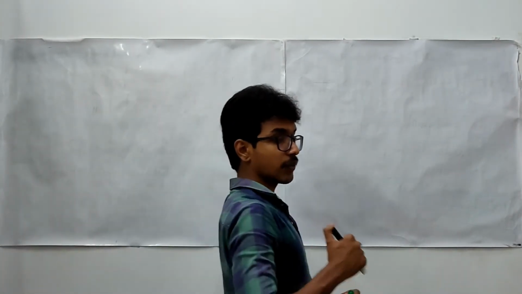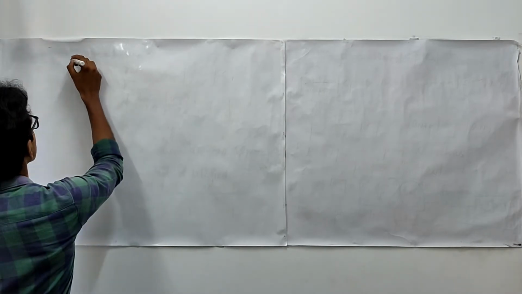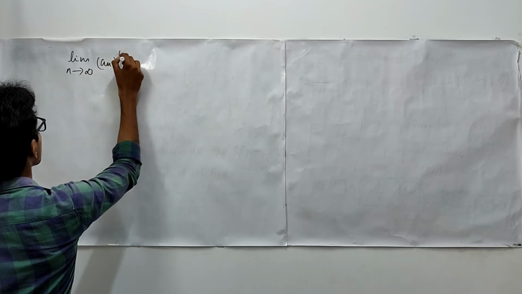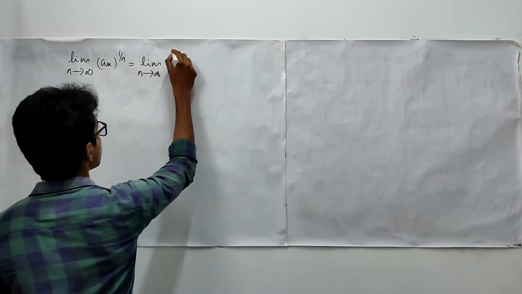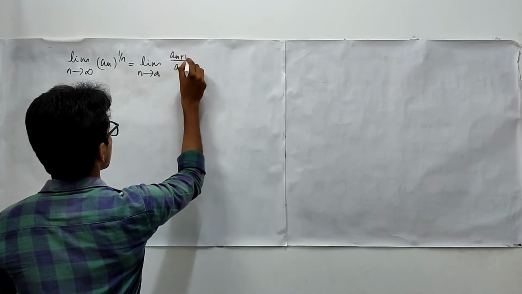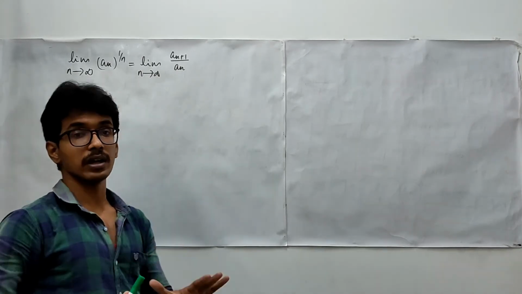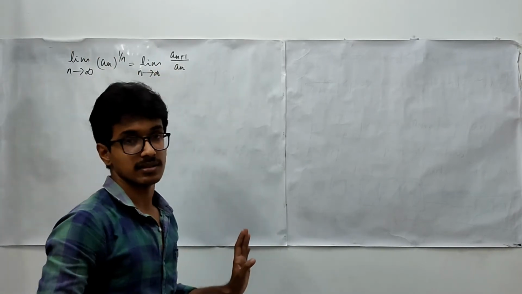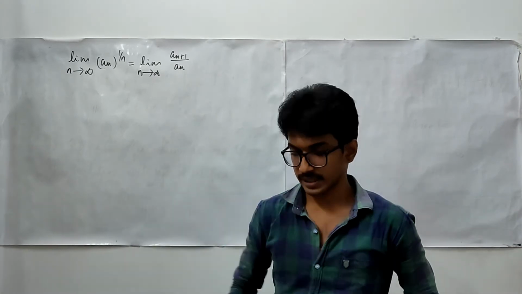That is a good question that anybody can ask. In Cauchy's second theorem on limits, the limit as n approaches infinity of an to the power 1 upon n is the same as the limit as n approaches infinity of an plus 1 upon an. It was given that these two are equal whenever this limit exists. Either this or this exists, and only if the limit exists are they going to be the same.